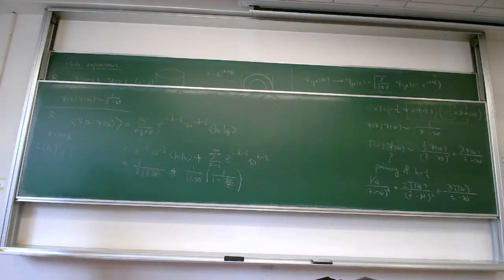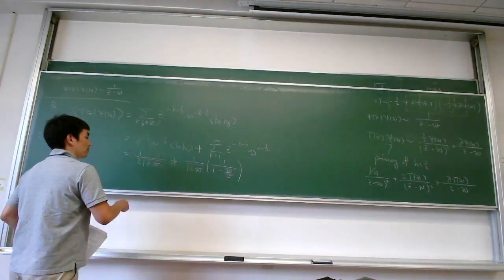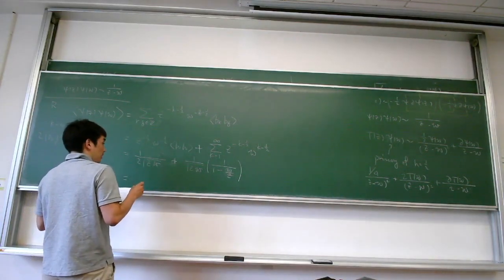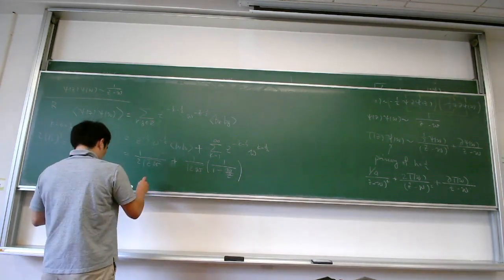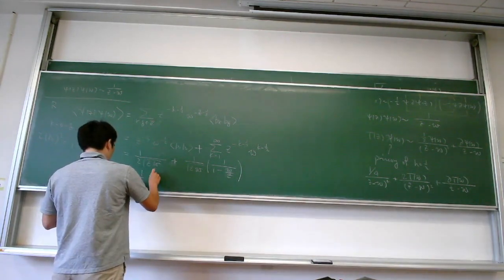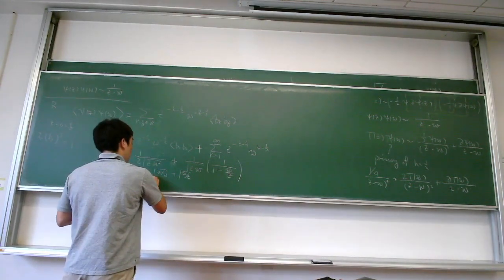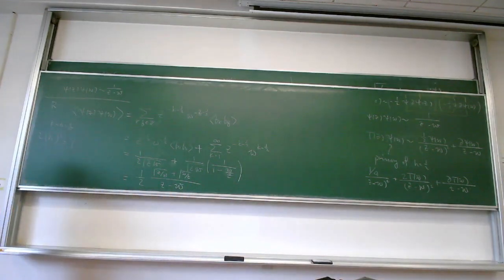I think this is correct. Do you agree with me? Yeah? So then, if you compute this one, you will get the following: 1/2 of z over w plus w over z, divided by z minus w. Okay, so that's what's going to happen.